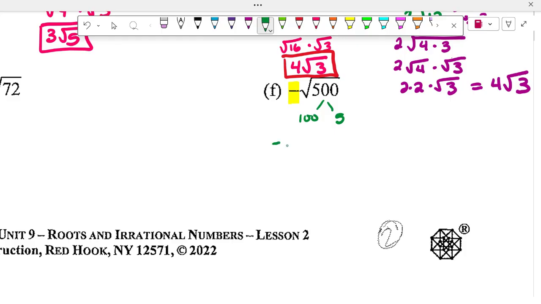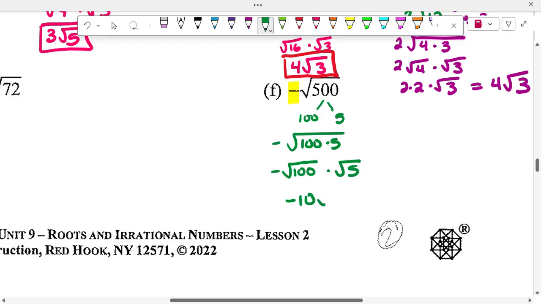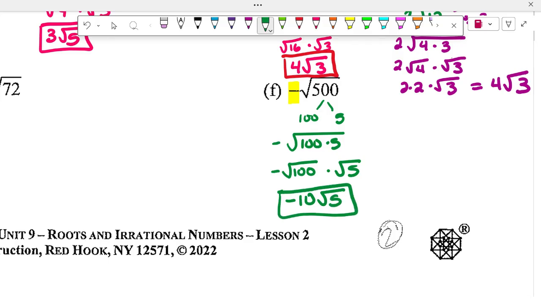So this would be negative 100 times 5. So negative 100 times square root of 5. So what's my answer? Negative 10 times the square root of 5. So it's negative because it was originally negative. You just keep it there.